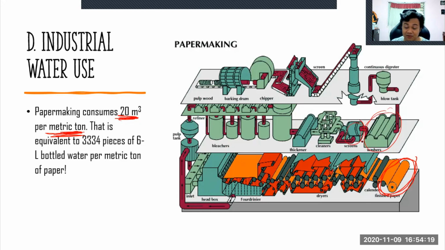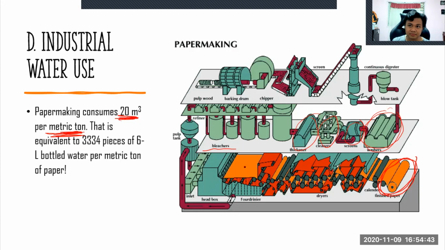This uses a lot of water actually. You have to clean it, thicken it, and then bleach it because, as you can see, cartons are not clean when they are brought into the plant. So you have to bleach them.